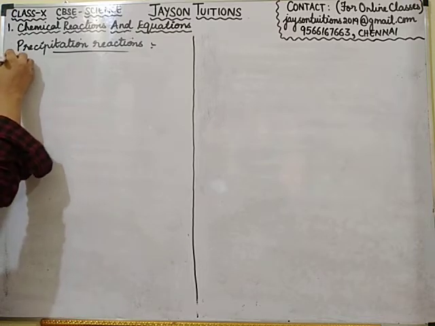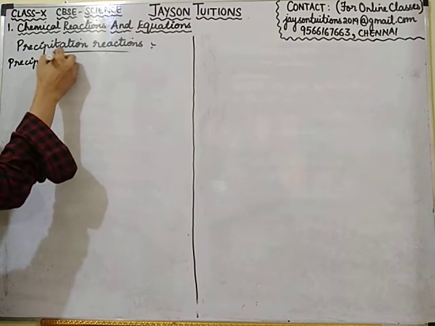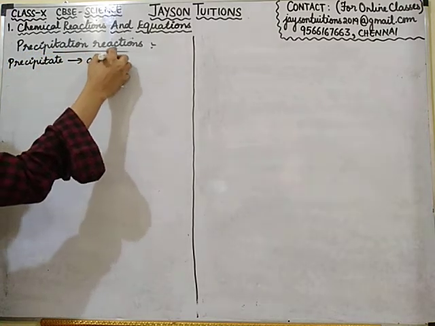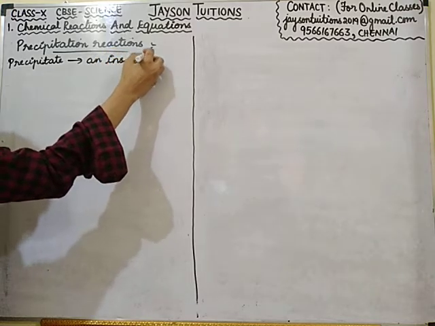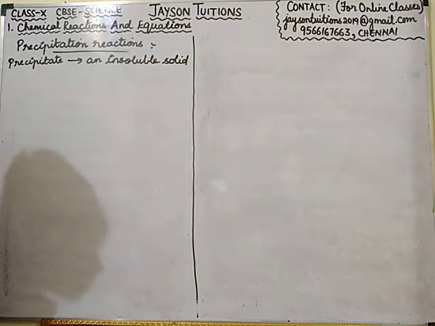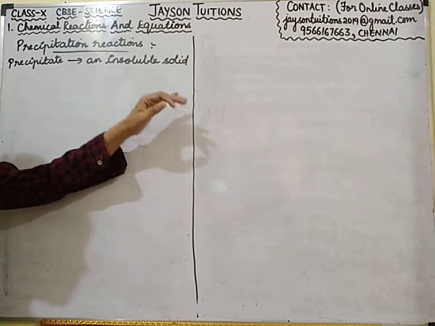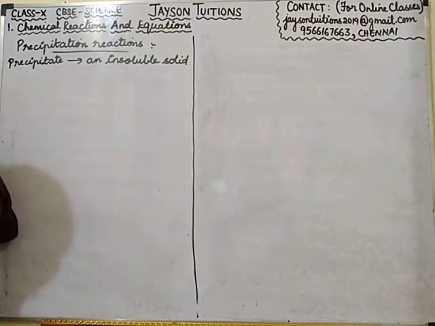A precipitate means an insoluble solid that is formed during the reaction and settles down at the bottom.